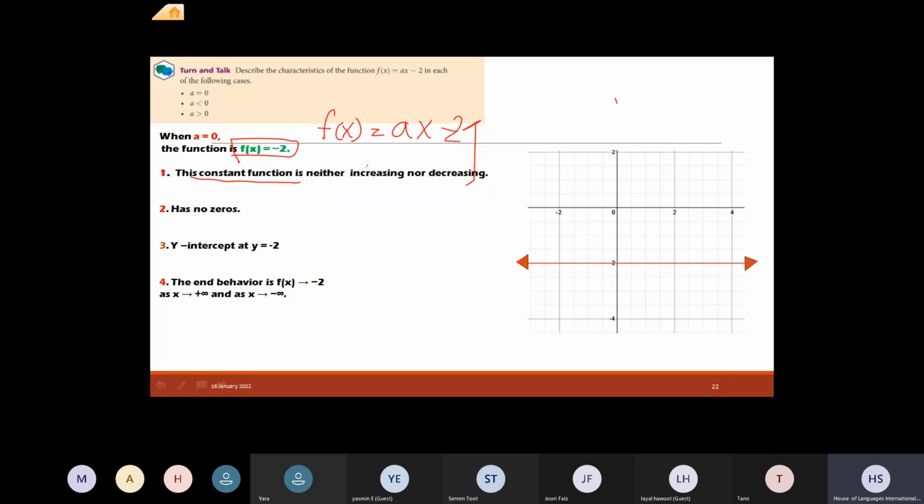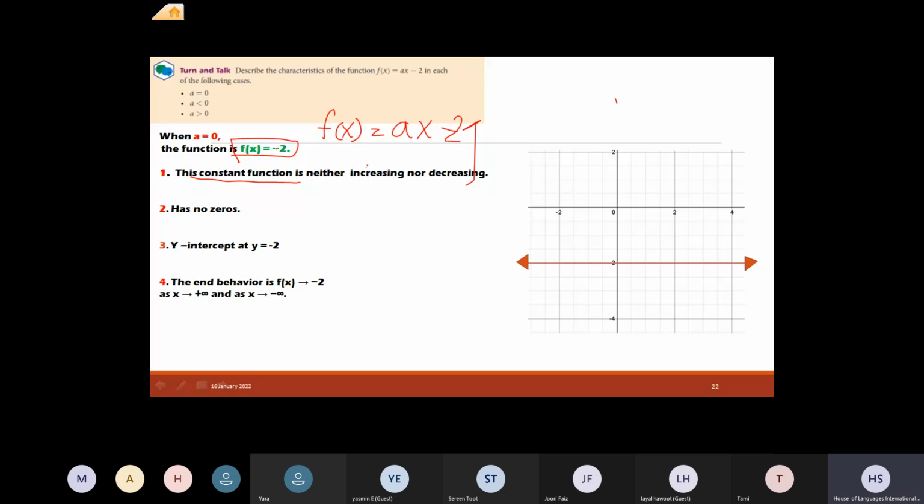What about the end behavior here? When x approaches infinity, no. See, this is a special case. This is constant.